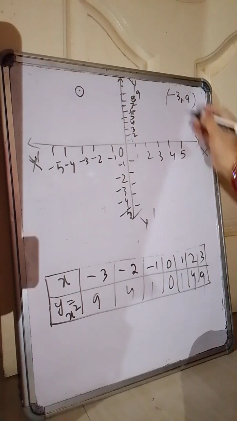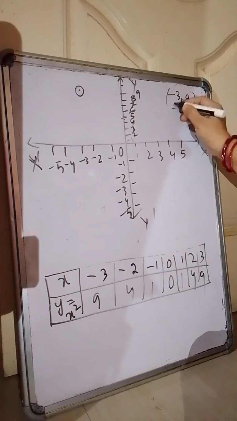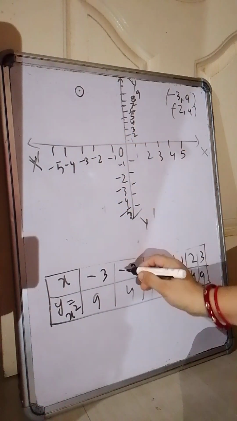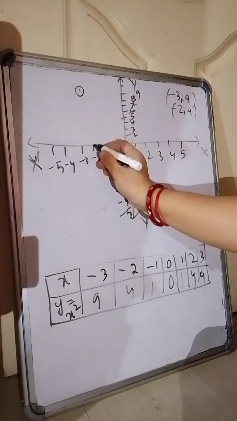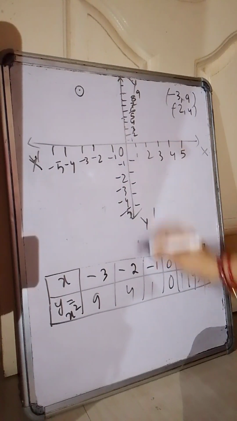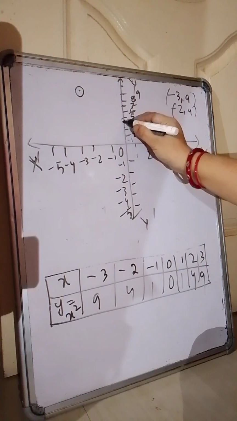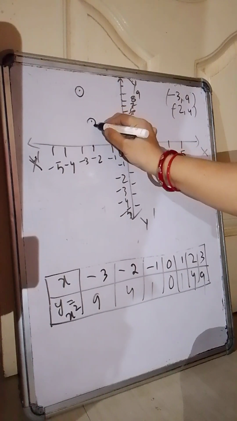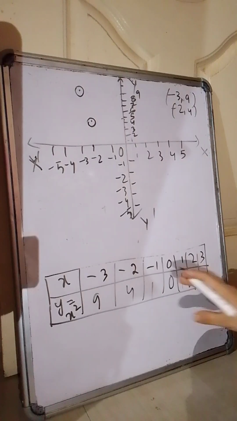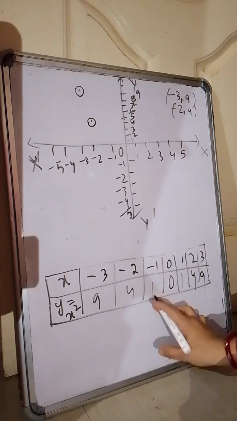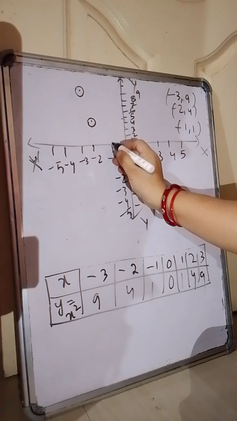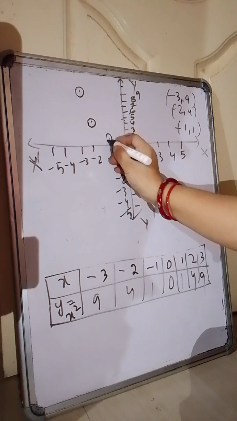Then -2, 4. In the x axis, x value is -2, so here it is -2, y value is 4, so here -2, 4. Next is -1: x is -1, y is 1. When x is -1, y is 1.